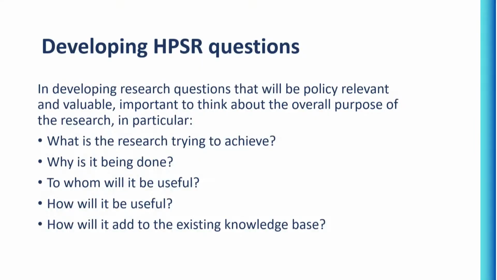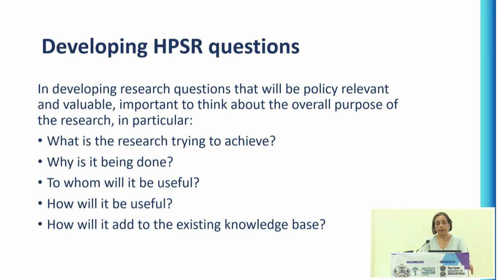Okay, so when you're developing health policy and systems research questions, one of the things that you're thinking about is that it is an applied field. Even though we have been talking about the value and the use of social sciences, including history and geography and political science, ultimately you're trying to shed light on an issue that is of importance to policymakers, program managers, communities.